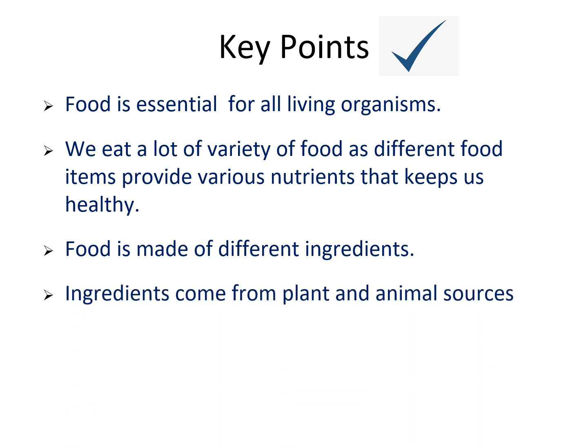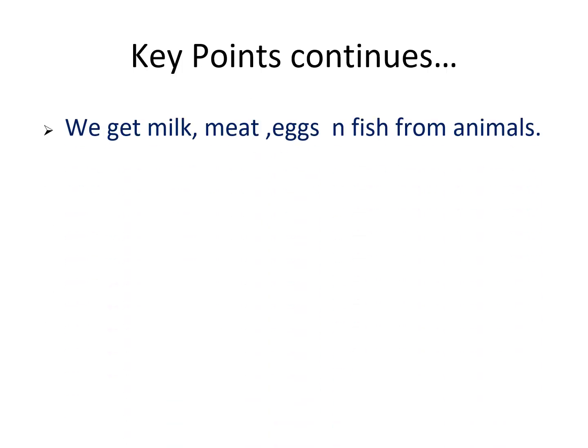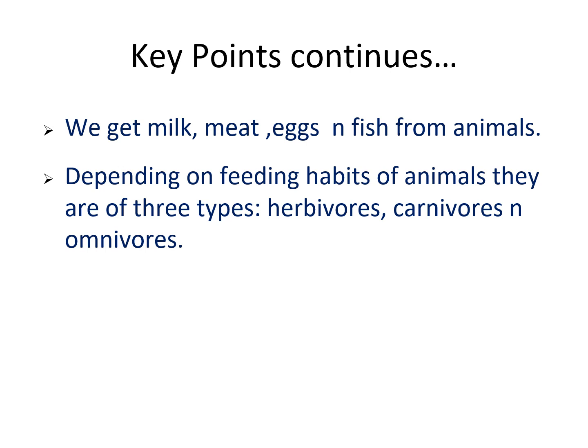Ingredients come from two sources, plants and animals. And we eat stem, root, leaves, fruits and flowers of the plant as food. Then we get milk, meat, eggs and fish from the animals. Depending upon the feeding habits of the animals, there are three types, that are herbivores, carnivores and omnivores.